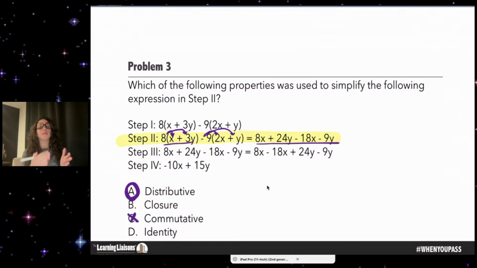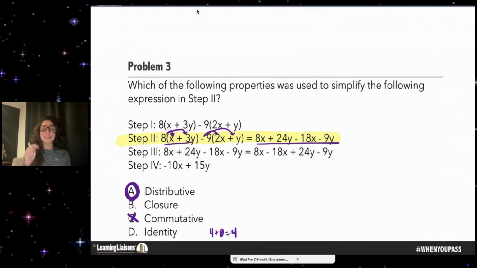The identity property of addition and multiplication says that if I do some addition of something or multiplication of something to a number and it ends up equaling that same number, then that's the identity property because it's staying as its own identity. So the number 4 is 4 plus 0, that is the identity property because 4 plus 0 equals 4.